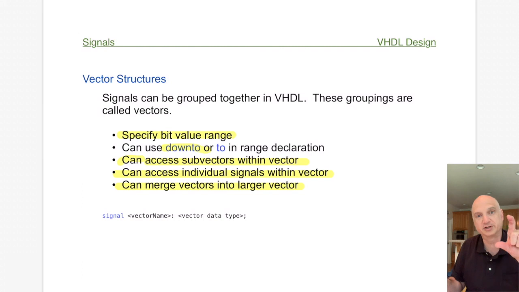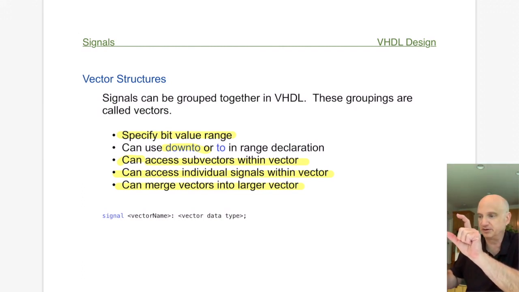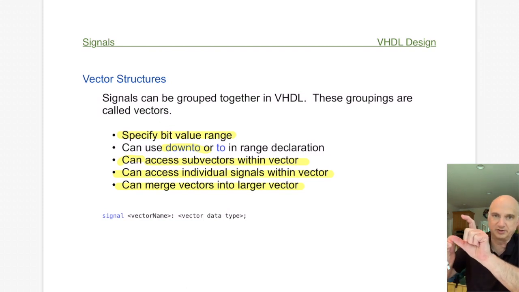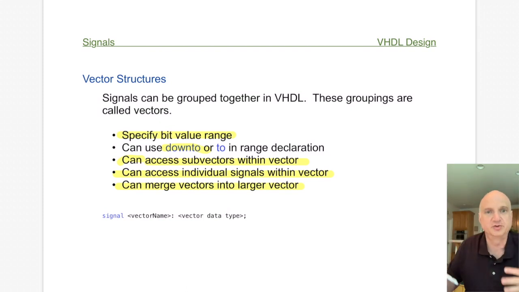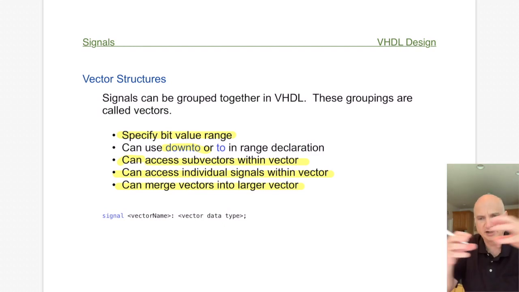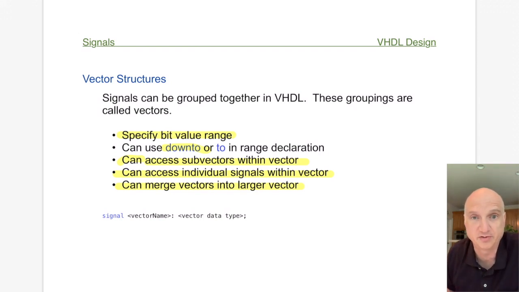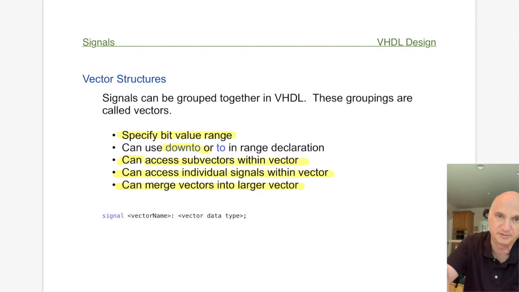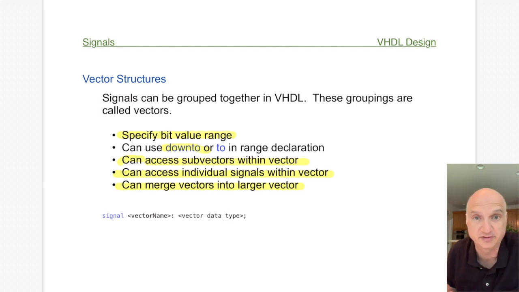I can take 4 signals here and bring those in as the upper 4 bits of an 8-bit vector, and then take 2 signals here and bring those together, and then 1 signal here. So you have almost infinite ability to merge and create all these different combinations of signals. It's just as flexible as if you were wiring it on your own board and taking a wire and hooking it up to this pin or that pin. You can do that with vectors in VHDL as well.